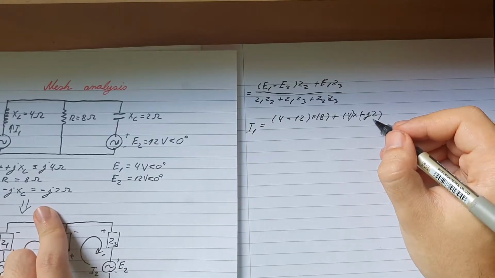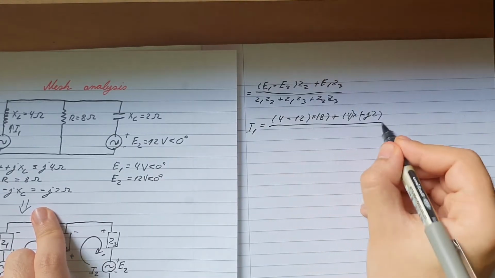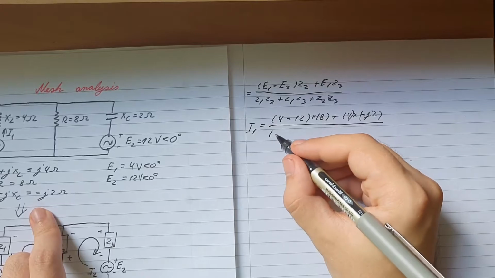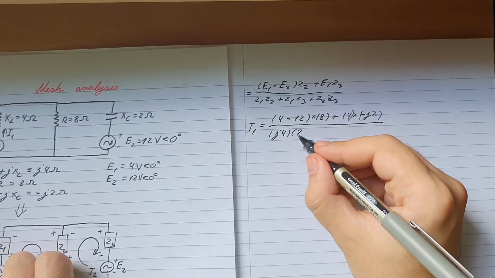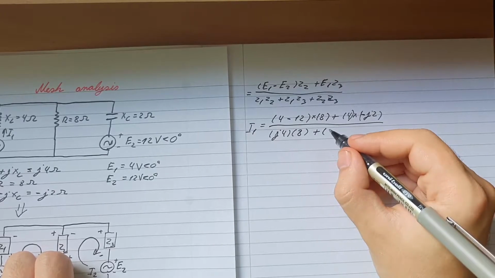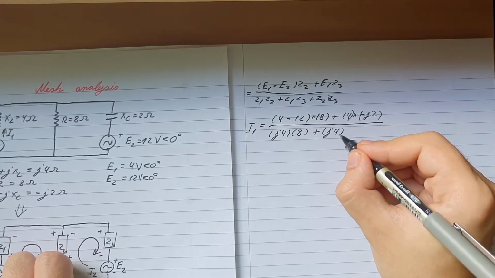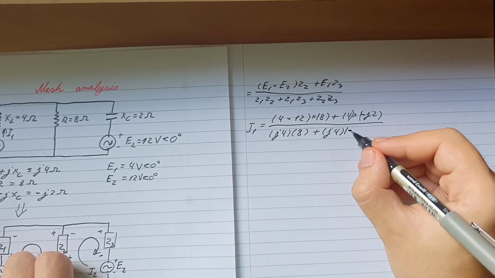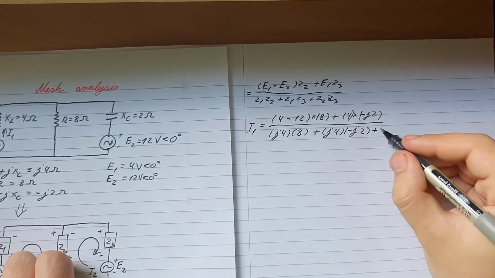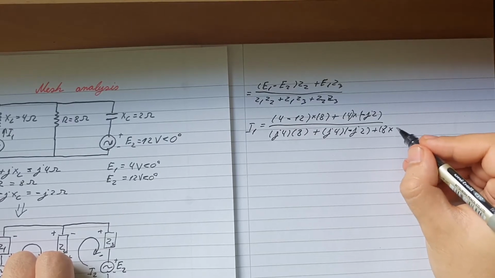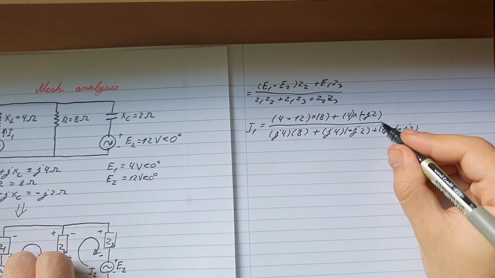Then under, Z1 is j4 multiplied by 8, plus j4 multiplied by minus j2, plus 8 multiplied by minus j2.